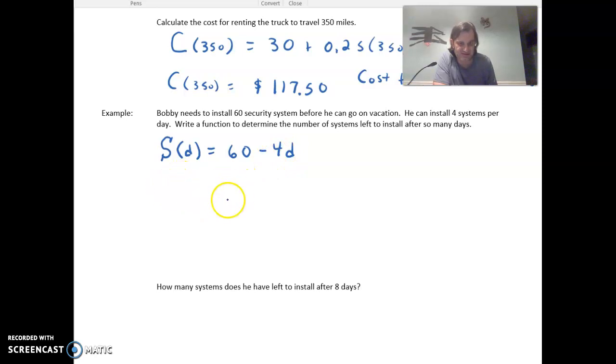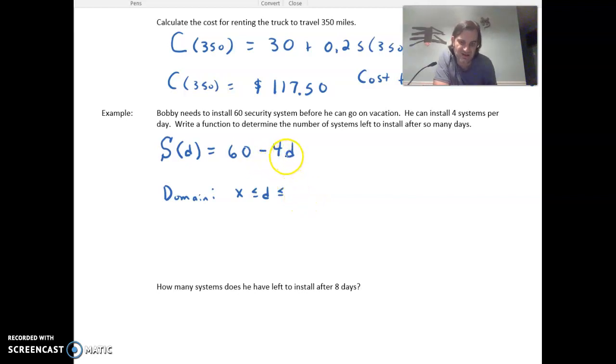And in this case, the domain might be a little interesting, because the domain here would be the fact that he can't do less than 0 days, can he? Now, let's say here, is there a limit to how long this works?